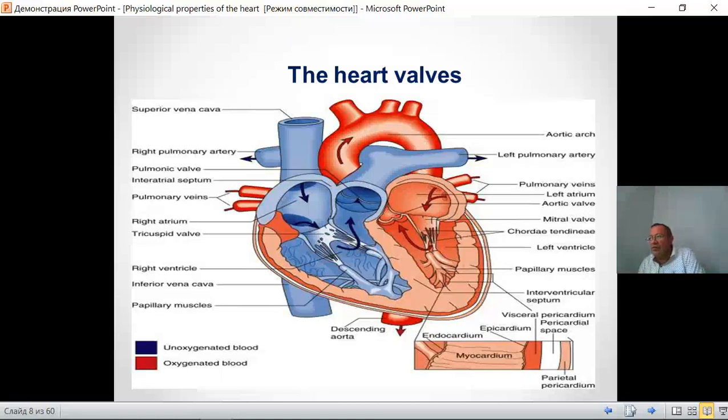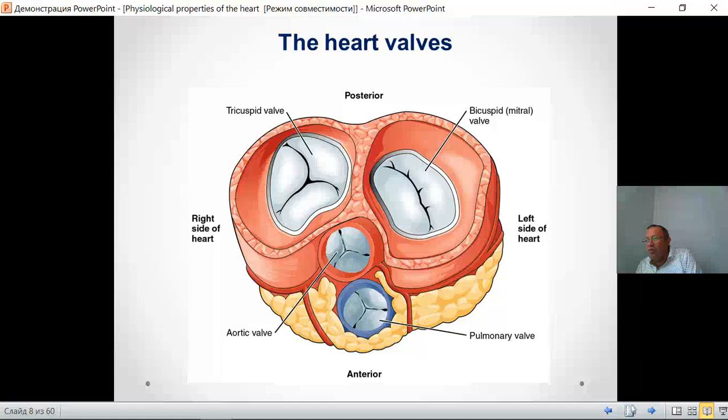It includes four rings that surround the openings between the atria and ventricles, and the openings of the pulmonary trunk and aorta, and serve as a point of attachment for the heart valves. The cardiac skeleton also provides an important boundary in the heart's electrical conduction system.